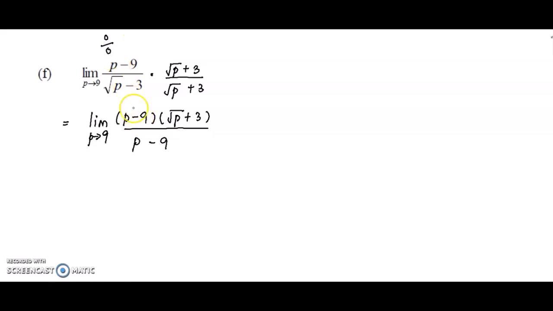So this can be cancelled off. Then your function becomes so simple. That is square root of p plus 3. Now you can just use the substitution method. Substitute the 9 inside here. Plus 3. You got 3 plus 3. That will be 6.